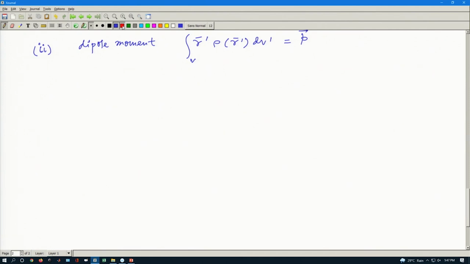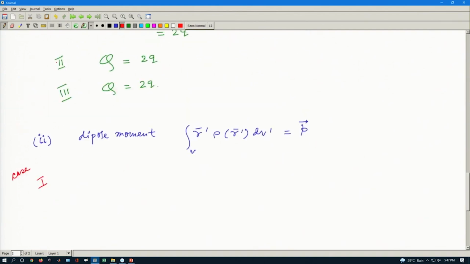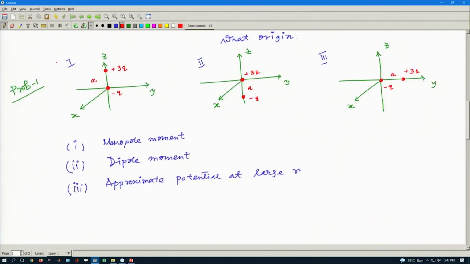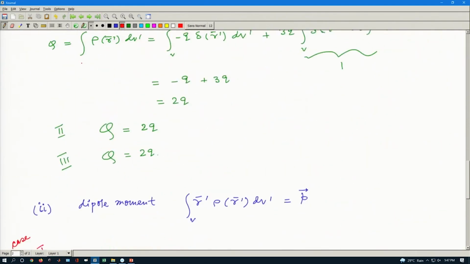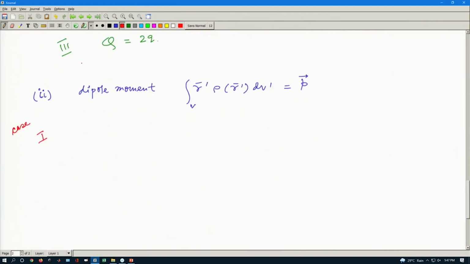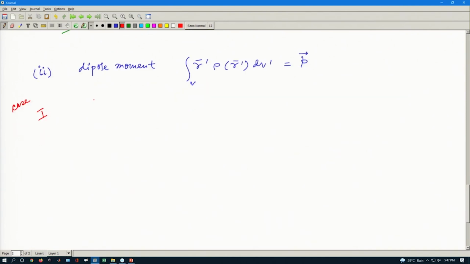So, for case 1, because case 1 means for this distribution here, I should have my expression like this. So, it should be the integration of r prime and then the rho I figured out.